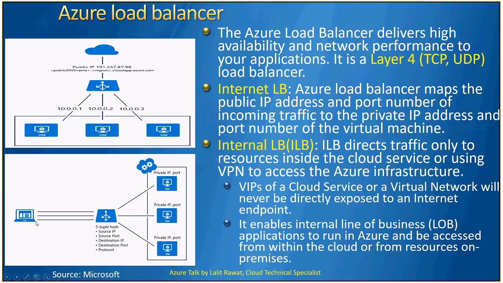Suppose a user or a computer requests access to this particular website or IP address. How will it work? When the user makes the request, it will ask for the source IP, the destination IP, which protocol you use, and the port number.